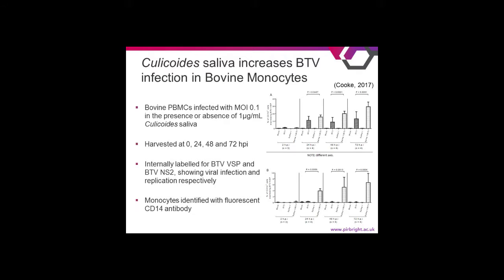Over time there is a gradual increase in infection when incubated with saliva at the time of infection, and this difference increases over time, so at 24 hours compared to 72 hours there is a greater difference. The second graph looks at NS2, which shows viral replication within these cells, and the trend is the same. There is a great increase in the cells treated with saliva. The virus replicates in these cells more than in cells infected with blue tongue alone.